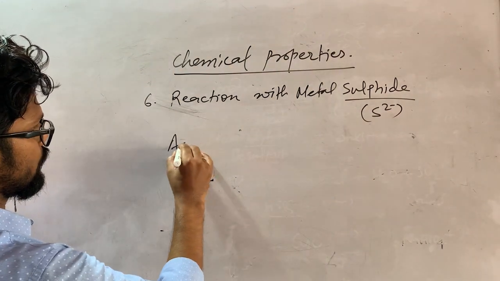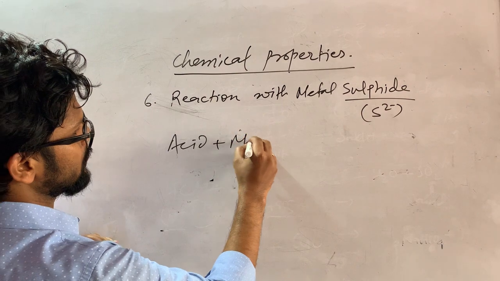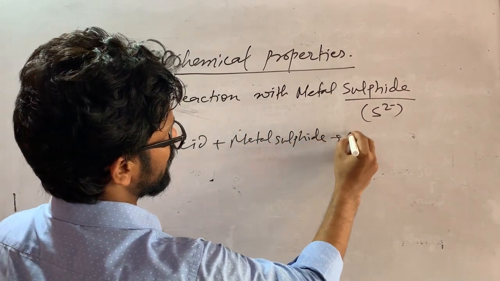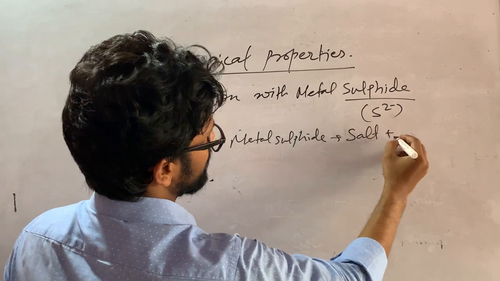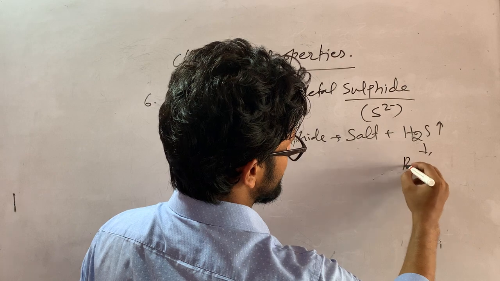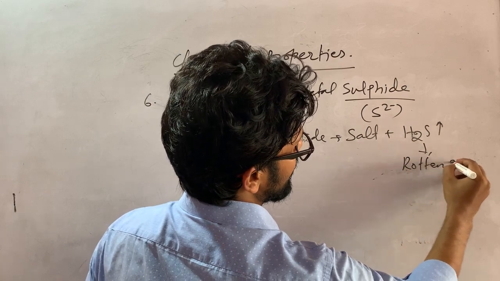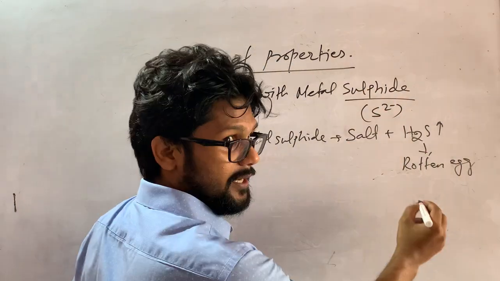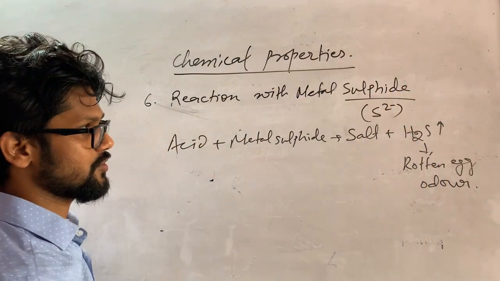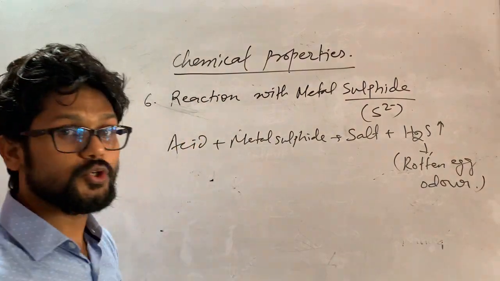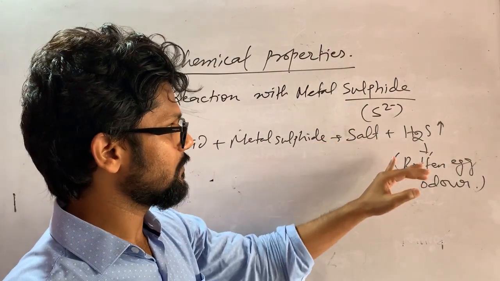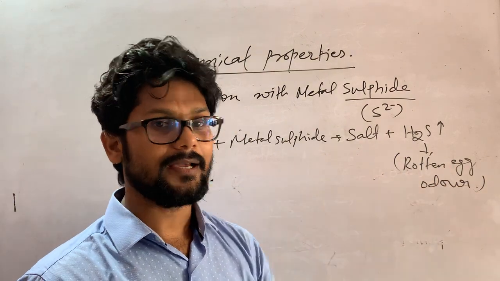So the concept is, when acid reacts with metal sulfide, it always gives salt plus hydrogen sulfide gas, which has a rotten egg odor. What the smell? Rotten egg odor. So a question can come, what do you observe when acid reacts with metal sulfide? So the answer will be, it gives rotten egg odor.